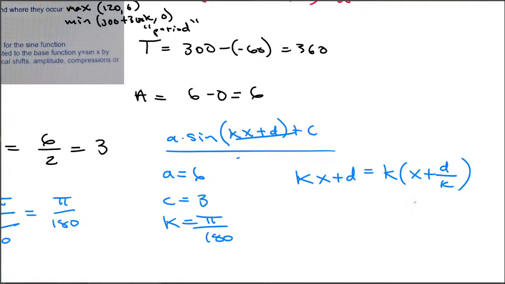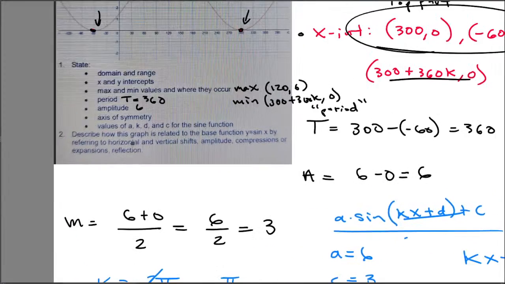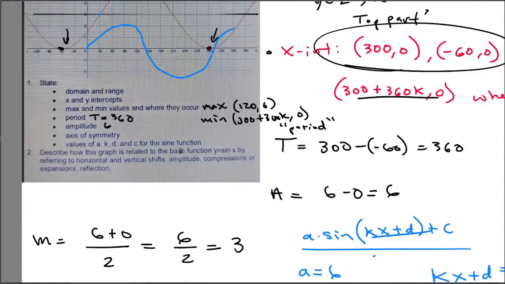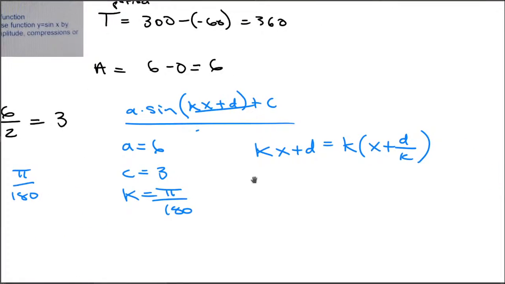But you need to do this in order to actually figure out what d is. And the normal sine function goes through the origin like here and then is above and below. So this point got shifted to the right 30. And so that's what we're trying to figure out here, what that makes d.